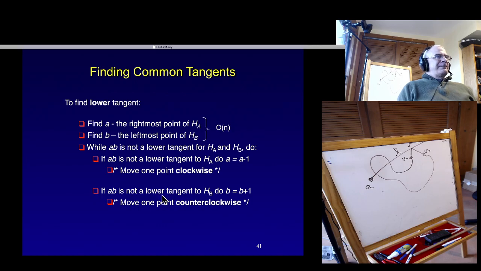If AB is not the lower tangent of HB, move one point counterclockwise on the other side. And the order that you do it doesn't really matter.